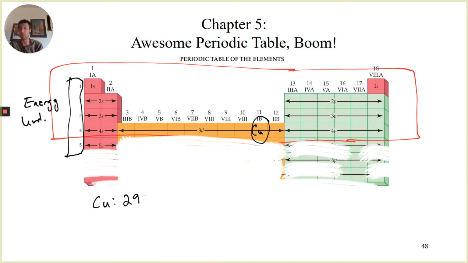The other thing that I'd recommend to do first would be to find where copper's last electron is located. And what we'll discover in this video is that the highest energy electrons are typically the most relevant for us. So what can I do? Well, I can look at the section, the energy level that copper is located in. And so if we go to the extreme left, we'll note that it's in energy level 4.